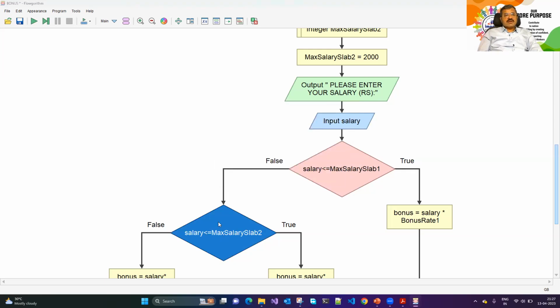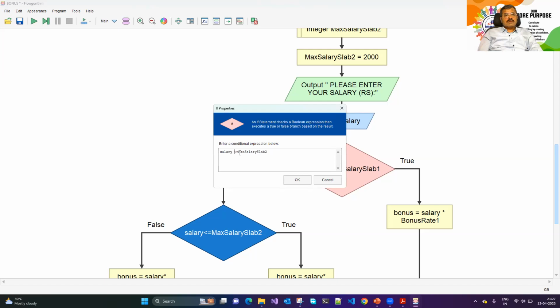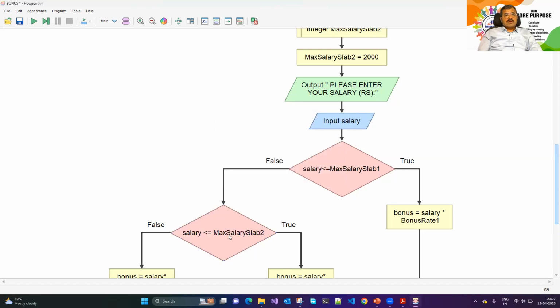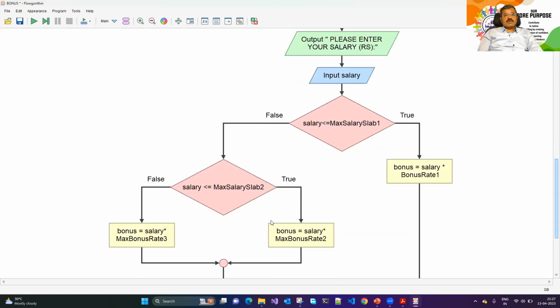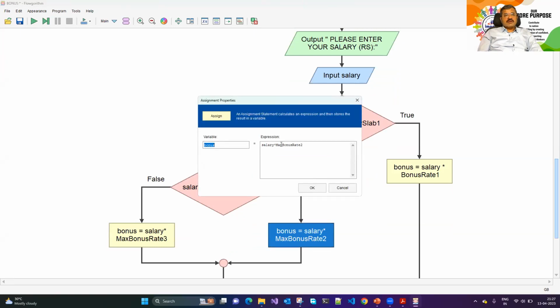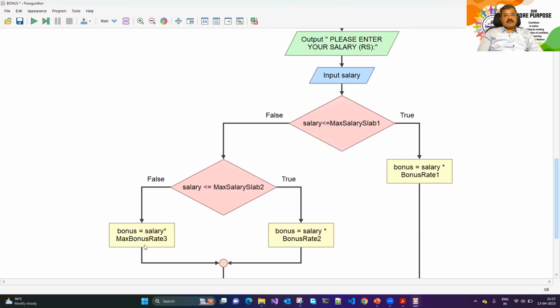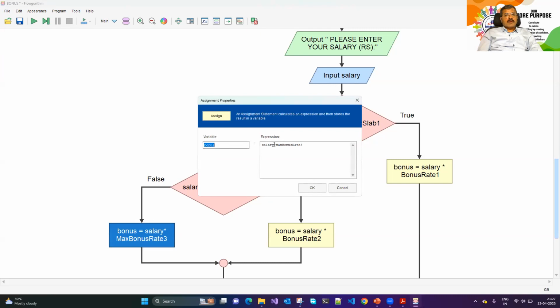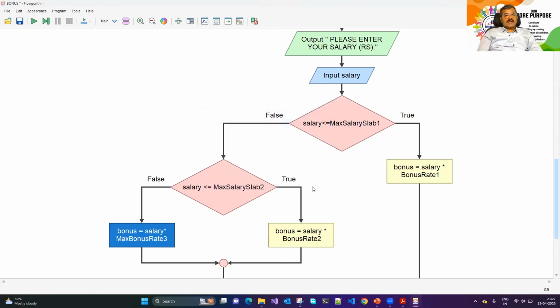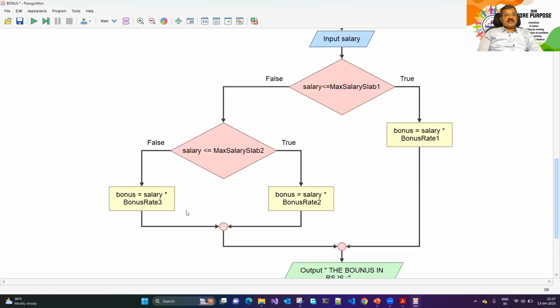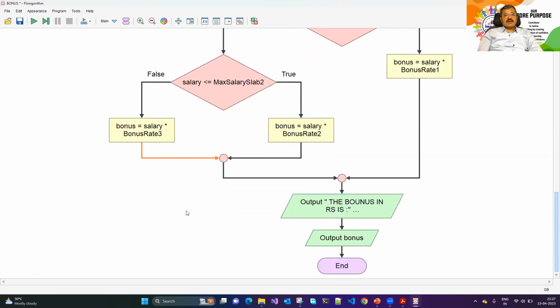If the salary is less than or equal to max salary slab 2, if that is true, you will calculate to the rate. And here you will calculate the rate of bonus 3 current. Salary into bonus rate 3. And you display the bonus.